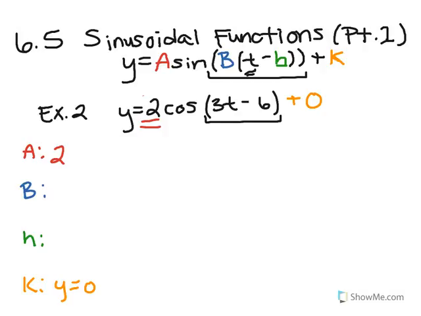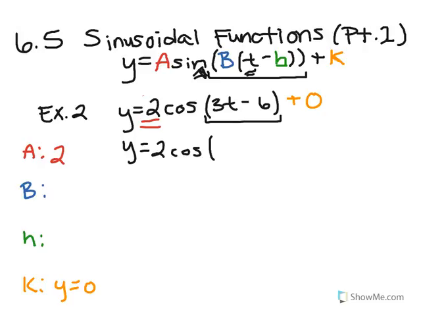So this almost looks like it's been factored. So the b was a common factor of something that involved t and h. So let's take a look at this 3t minus 6 business and see if we can't write this so that we can factor something out to look more like our original function.